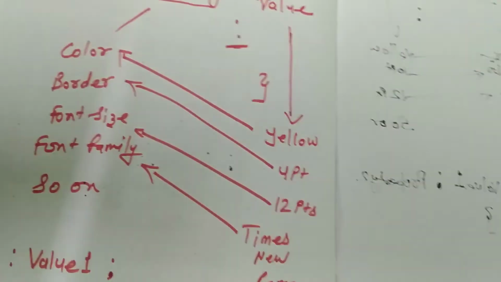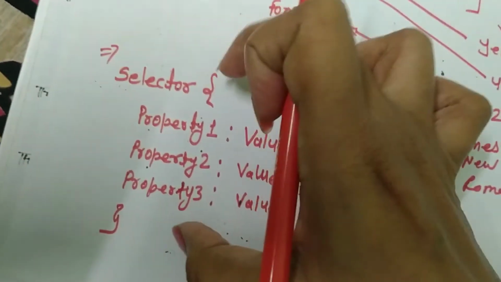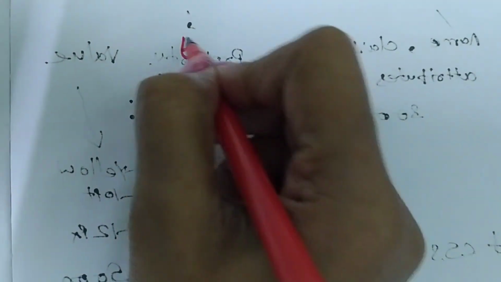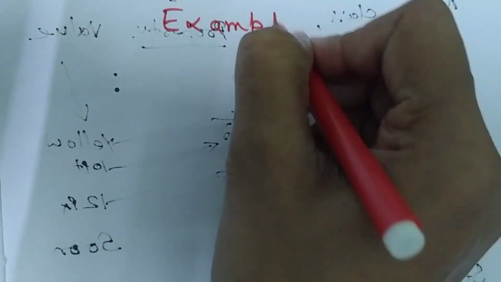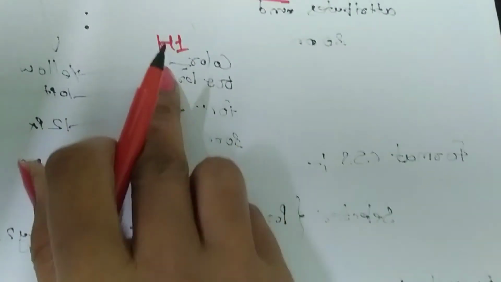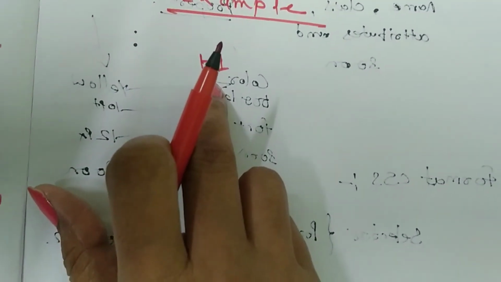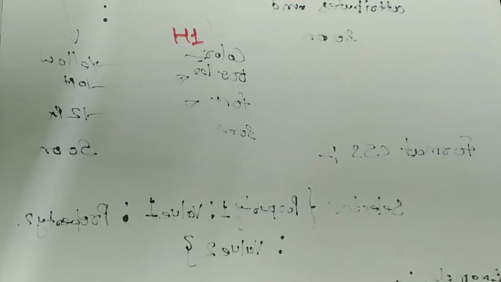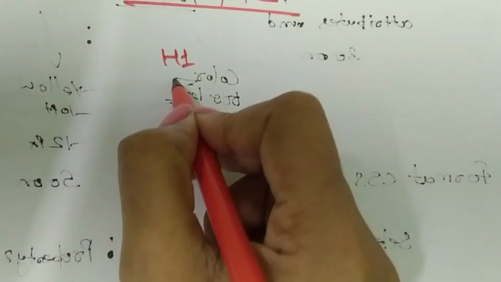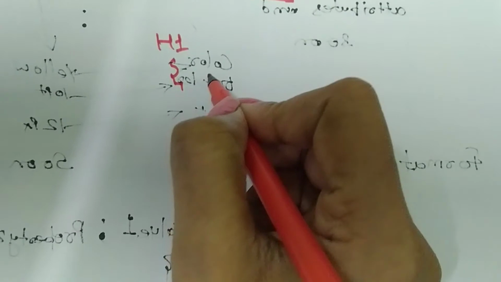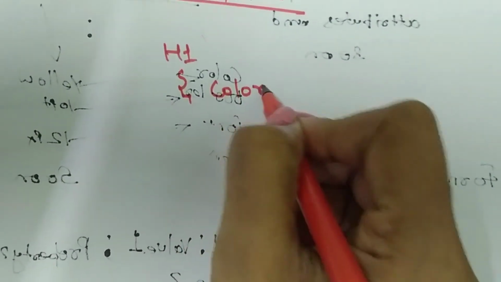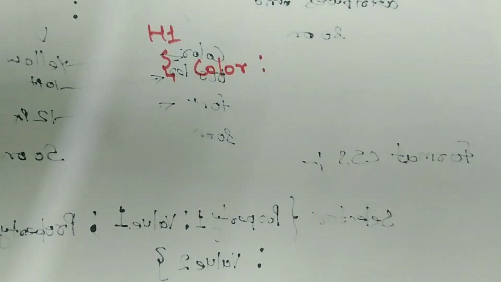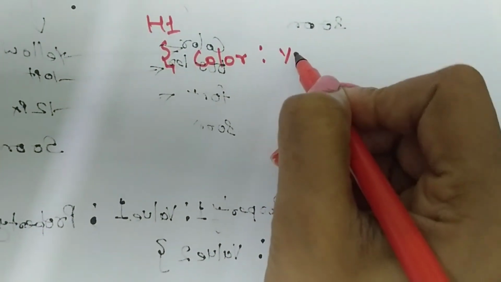Let's understand this syntax with the help of an example. The example is given here. H1, as you know, is used for heading 1 in HTML. So here I defined H1 as the selector. Now use the open curly braces. Now the property name is color, a colon is used for separation, and the value for color is yellow.